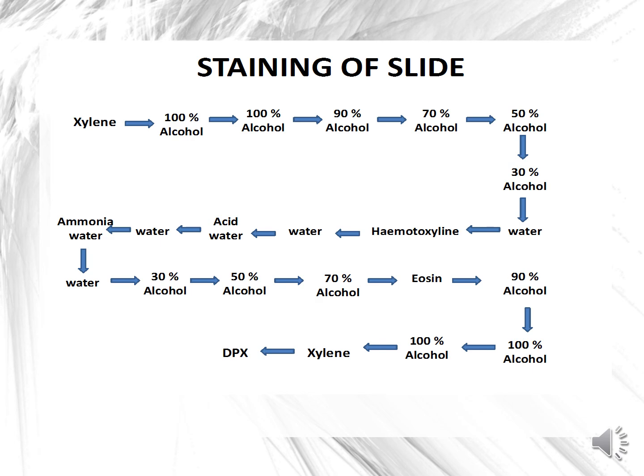Then again water, wash the acid water, then ammonia water, then again washing with clean tap water, then 30% alcohol, 50% alcohol, 70% alcohol, then to the eosin stain, 90% alcohol, 100% alcohol change, then xylene for clearing the sections, and then finally mounting with DPX.